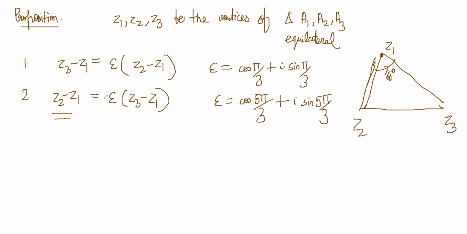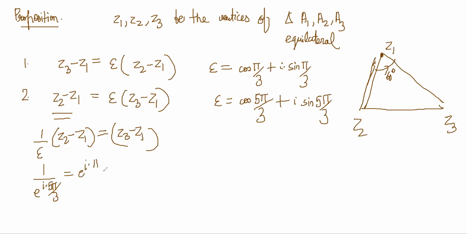So you are saying 1 by epsilon times Z2 minus Z1 is equal to Z3 minus Z1, and 1 by this is 1 by e power i 5 pi by 3, which is the same as e power i pi by 3, right? Because on top is e power i 2 pi.